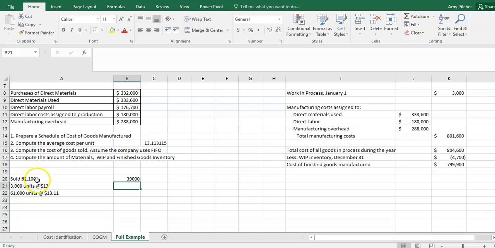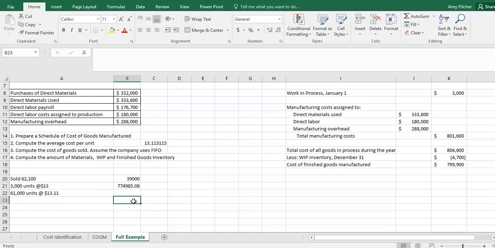Then we would take 62,100 minus 3,000, leaving us with 59,100 units at the average cost that we calculated up here, $13.11.